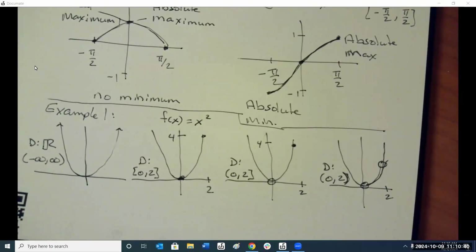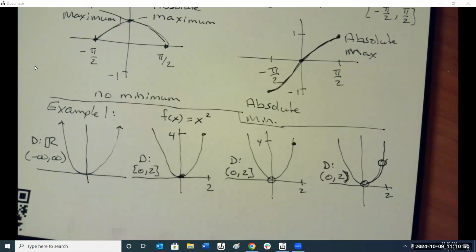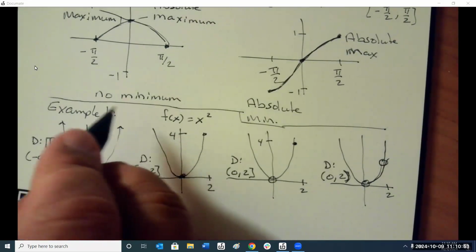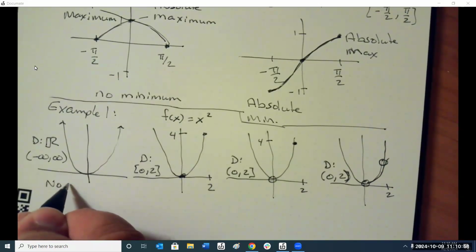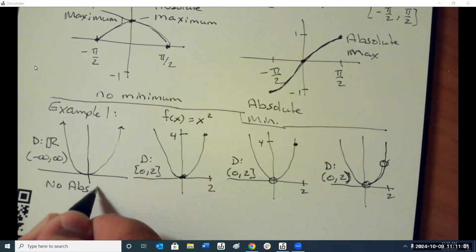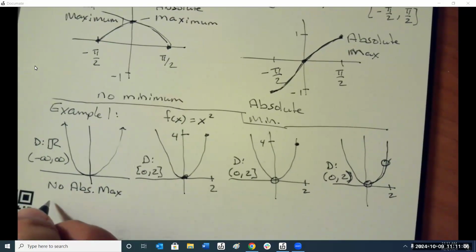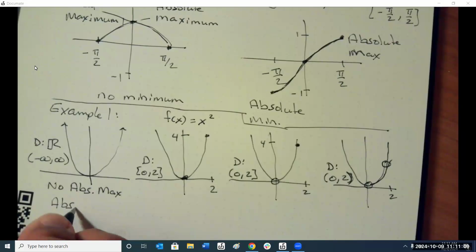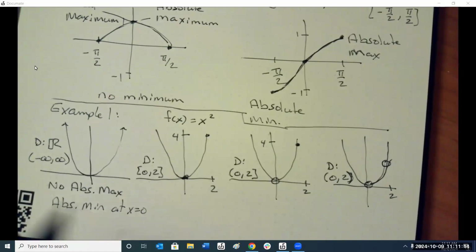Now let's determine whether there are any absolute extrema. In this first one, because it keeps on going forever and ever, there is no absolute max, because it keeps on going up and up and up. However, there is an absolute minimum at x equals 0, because we have the lowest number there.